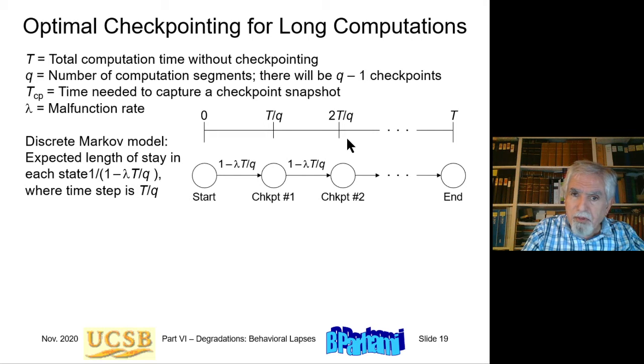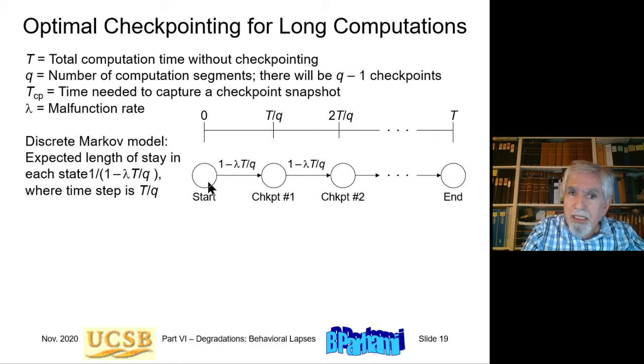Okay, this is the first simplifying assumption, because equally spaced checkpoints are often not practical. So I divide the program into q segments, therefore insert q minus 1 checkpoints. So the program runs for t over q time. A checkpoint is inserted. The state of the computation is recorded in stable storage, and we continue the next segment and so on.